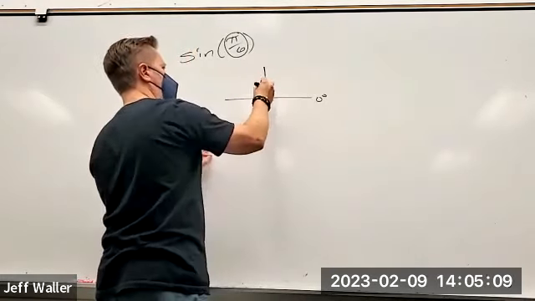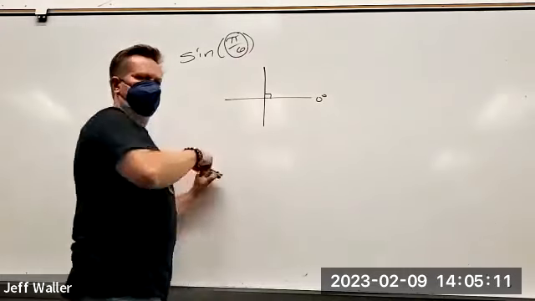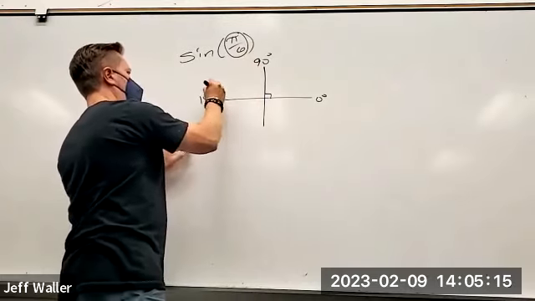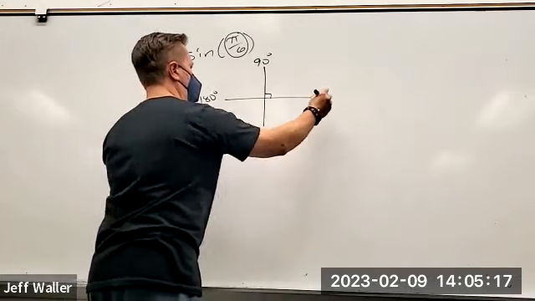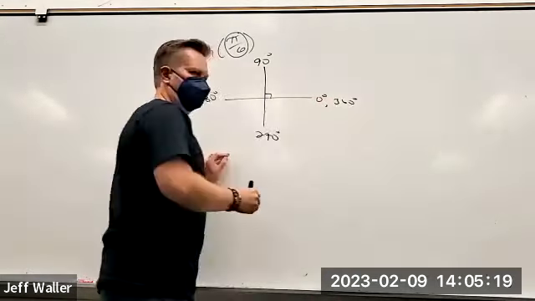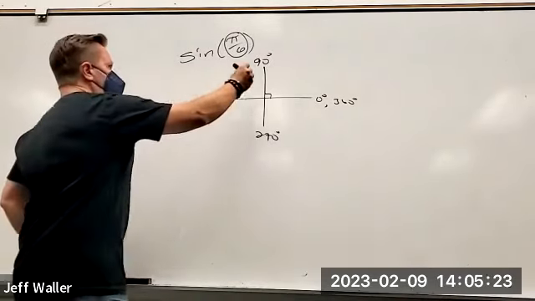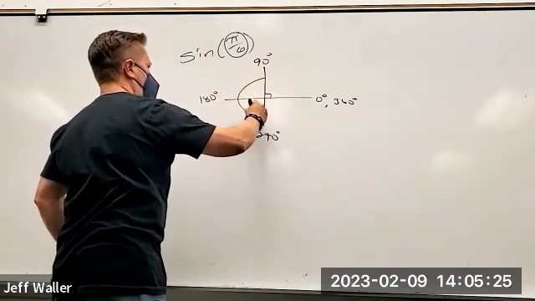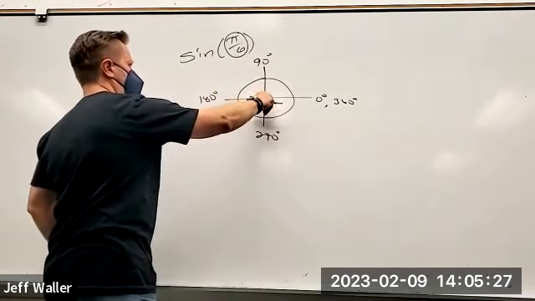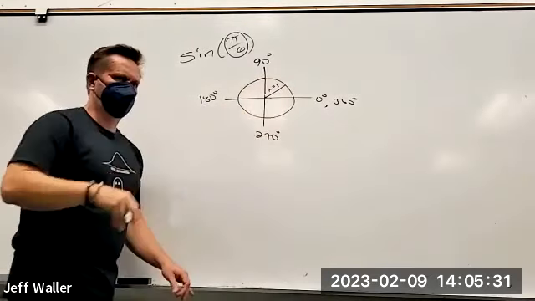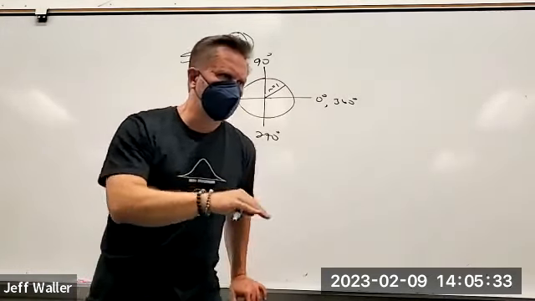What's this? 90. 180. 270. And then this is also 360 degrees, right? If I have a unit circle, of course that's the big bad boy, right? We call it a unit circle because it has a radius of 1. Everybody with me so far?